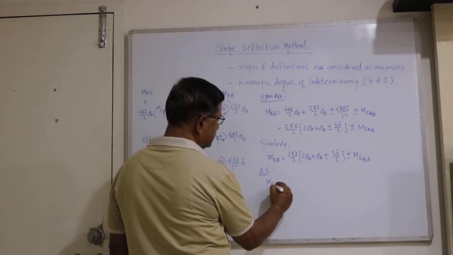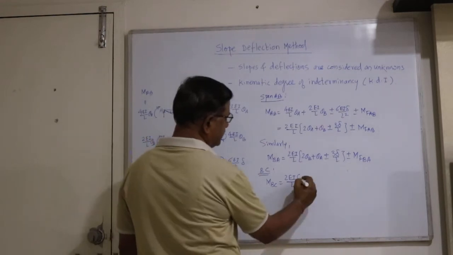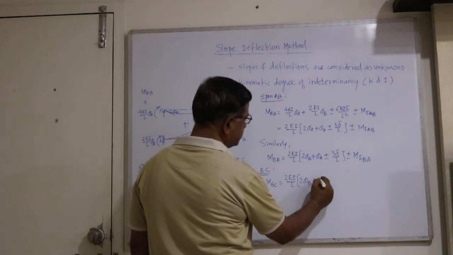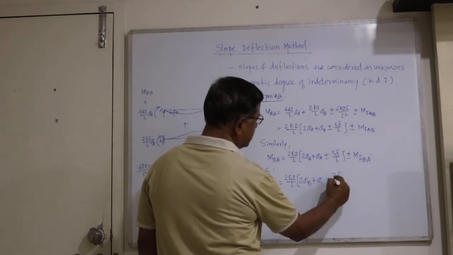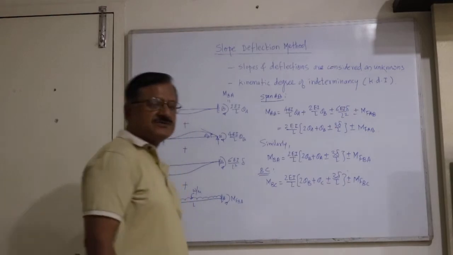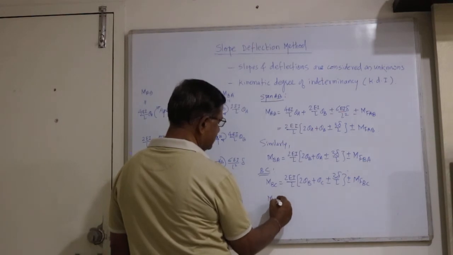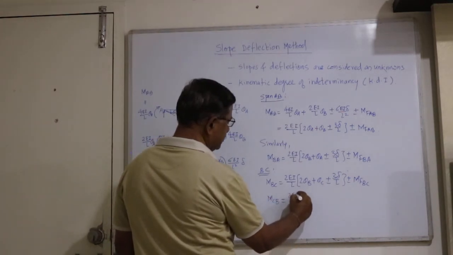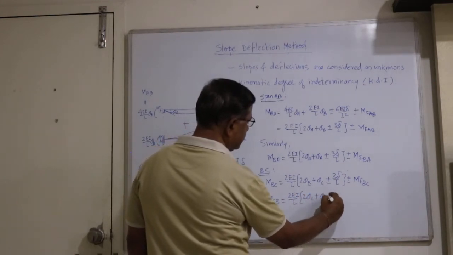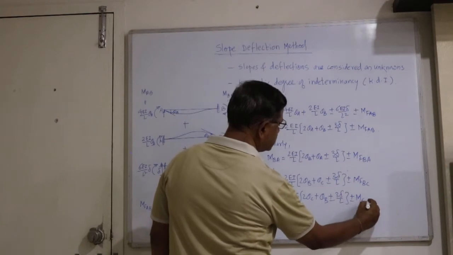MBC equals 2EI upon L into bracket, B is first, 2 theta B plus theta C plus or minus 3 delta by L plus or minus MFBC, that is the fixed end moment due to the loading at B. Similarly, MCB equals 2EI by L into bracket 2 theta C plus theta B plus or minus 3 delta by L plus or minus MFCB.